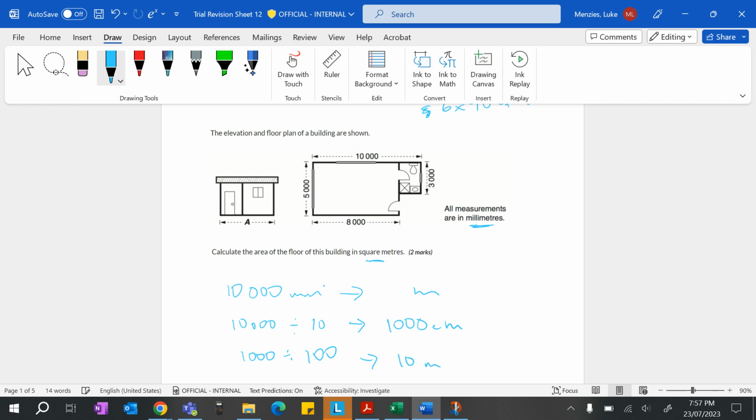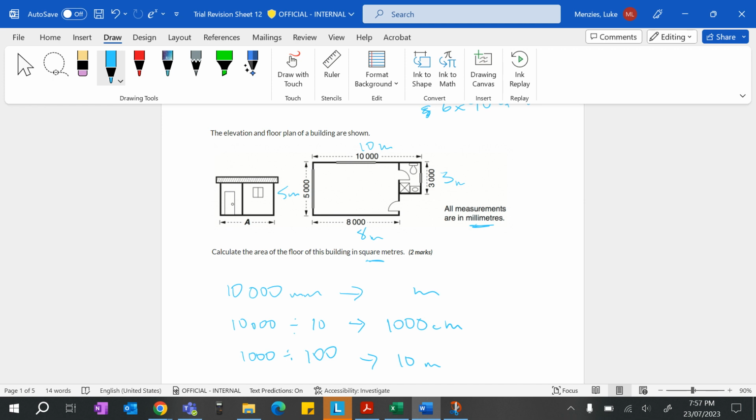The other way you can do it is just divide each one of these by 1,000, because we did 10 and then 100, which is the same as dividing by 1,000. So this one becomes 3, that becomes 10, that becomes 8, and these are meters, by the way, and 5 meters.